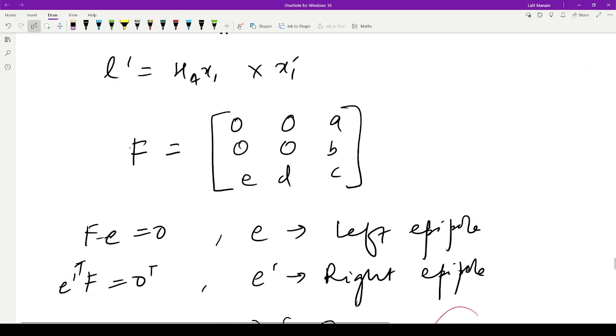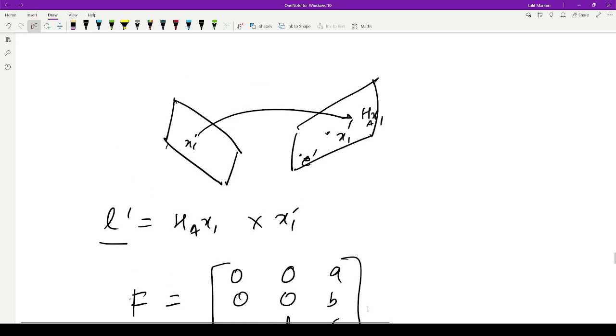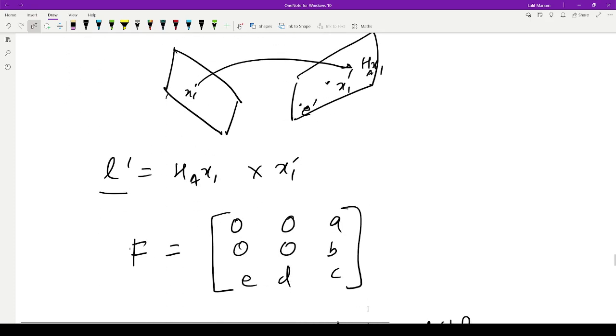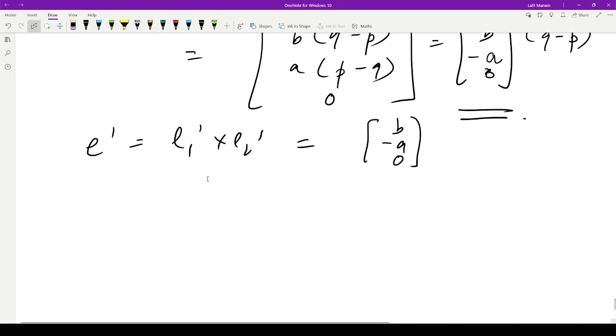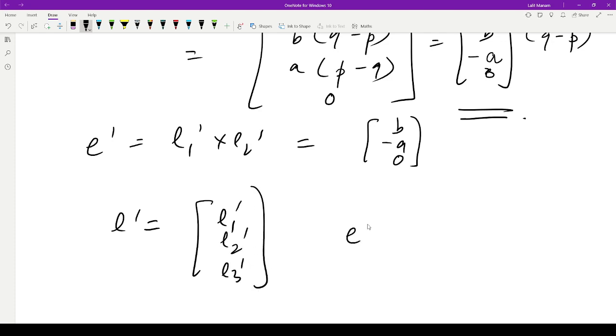So once you get L prime, which is using this, okay, our question is this, right? So once we get L prime, which contains elements like L1 prime, L2 prime and L3 prime, our epipole will look like this, right?